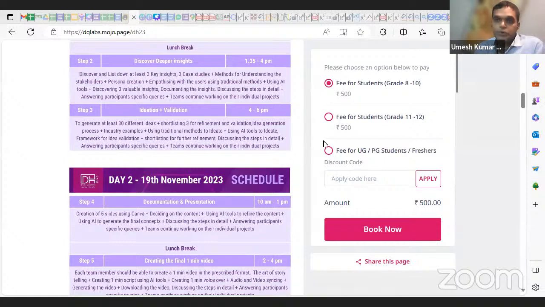So a solution for a problem can be either in the form of a tangible product or an intangible experience. All right. So you basically look around yourself, think about it. Any solution that you are using fall under only these two categories. Either it is tangible experience or intangible experience.